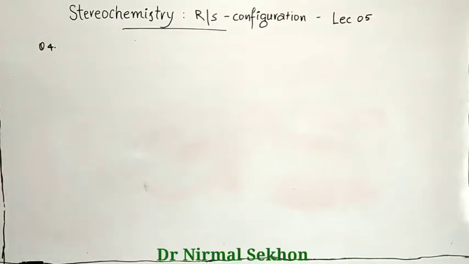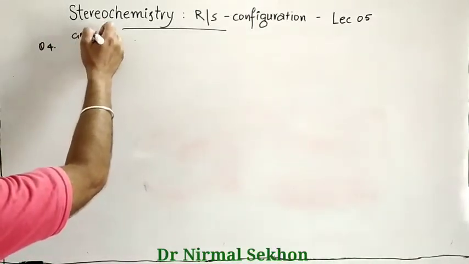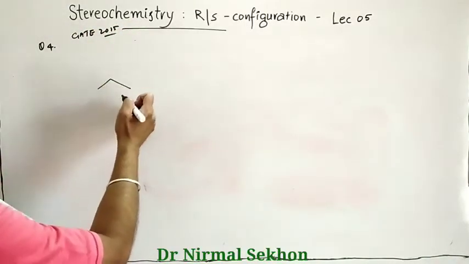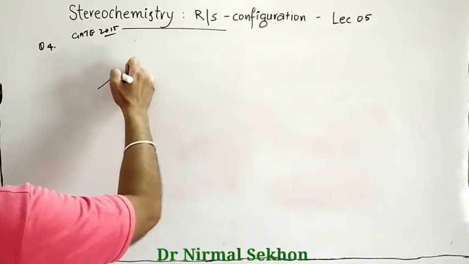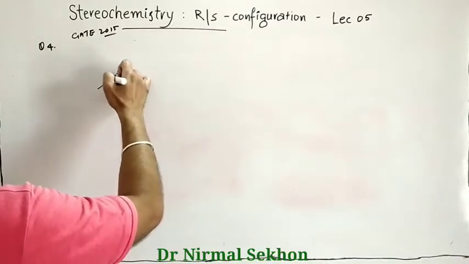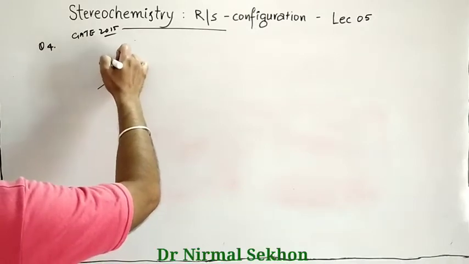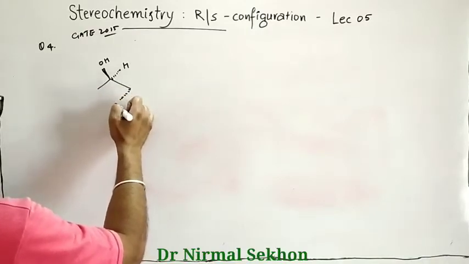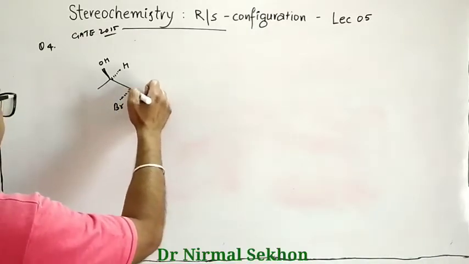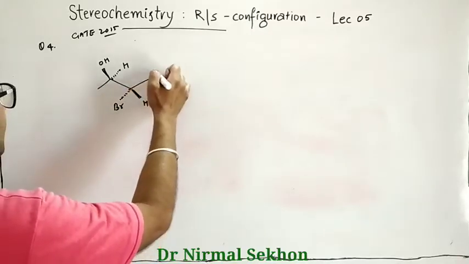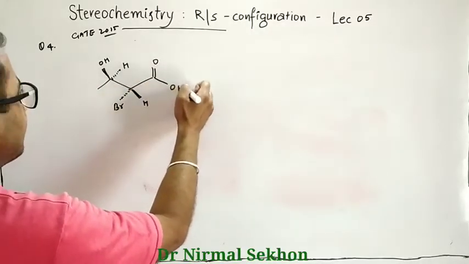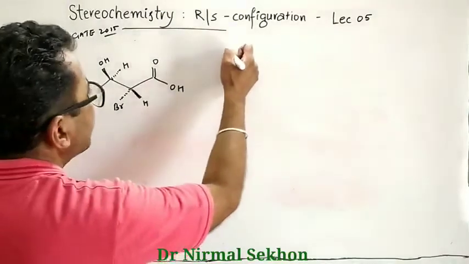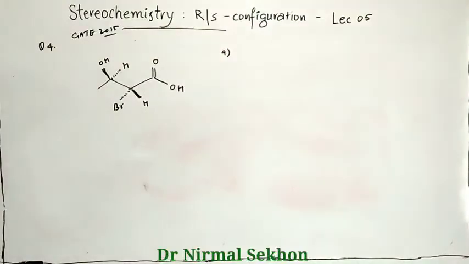The compound given is from the GATE paper, GATE 2015, and it's like this. Br, here we have hydrogen and acid, this one. The question is, what will be the configuration of C2 and C3?